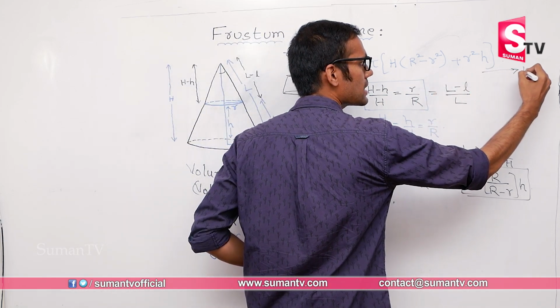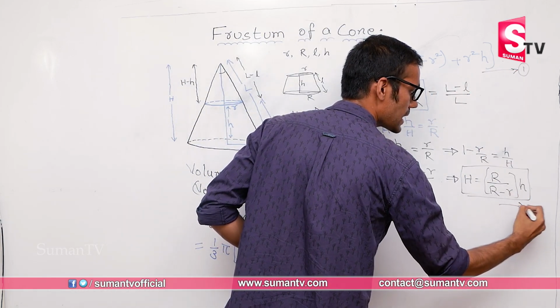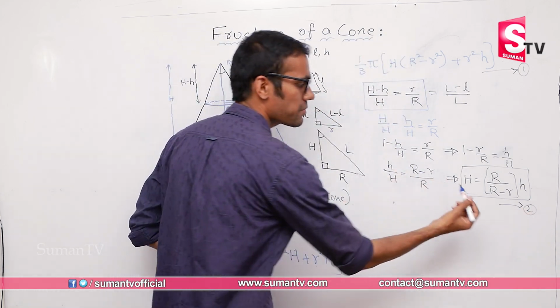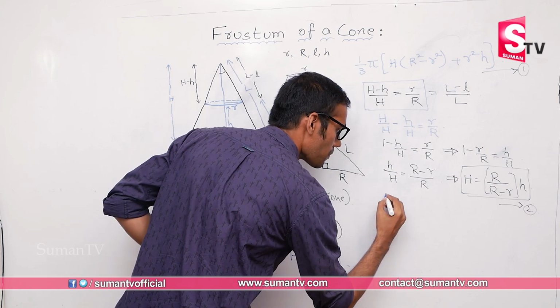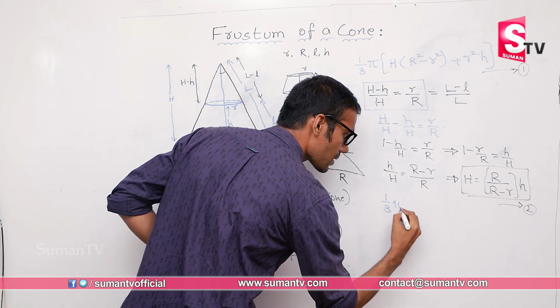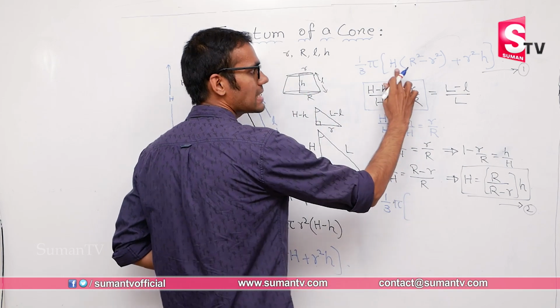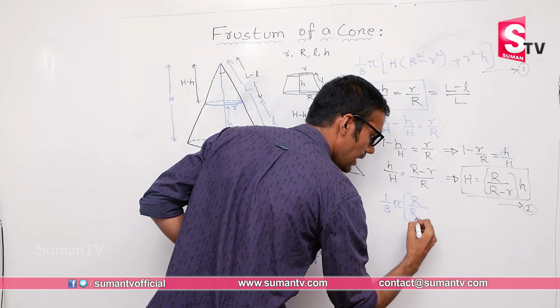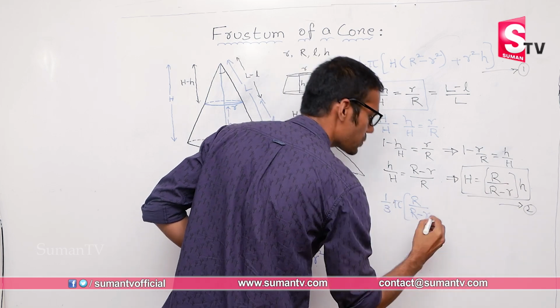So suppose that this equation is 1 and this equation is 2. So from 1 and 2, after substituting the value of capital H, we get 1 by 3 pi. I'll substitute the value of capital H as capital R divided by capital R minus small r into small h.